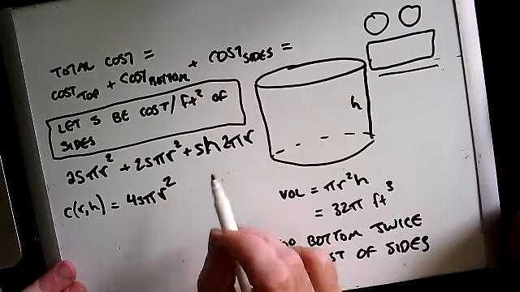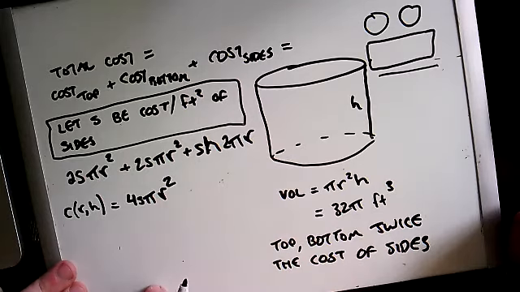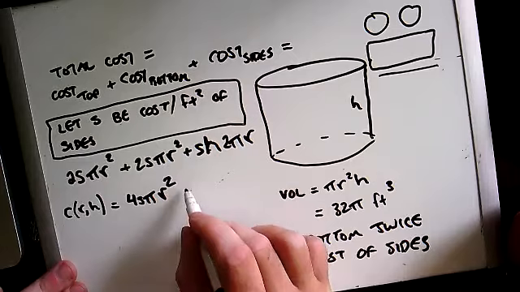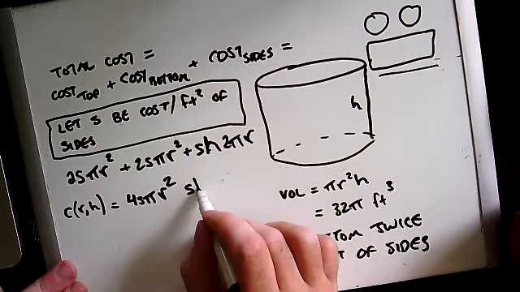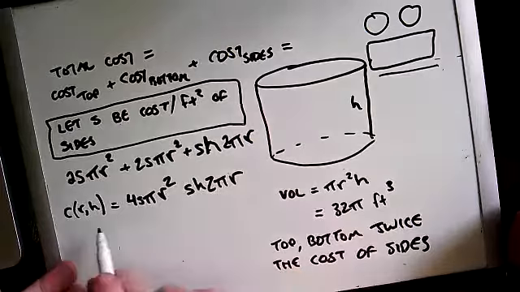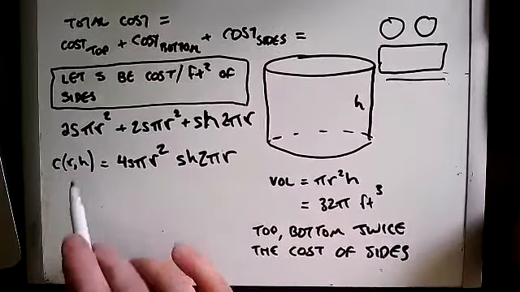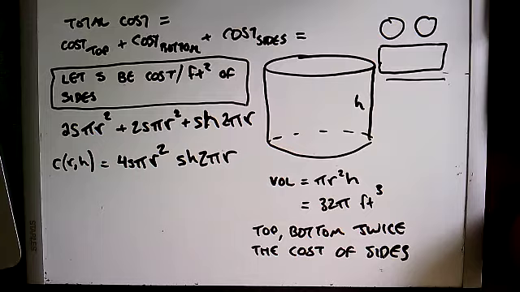And then we have s times h times 2 pi r. I was going to factor something out, but maybe I won't do that; I'll just leave it the way it is. Okay, a lot of things going on here. The challenging part right now is that cost is a function of two variables instead of just one. And so somehow we need to fix that.